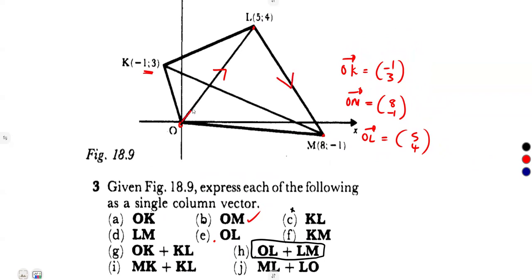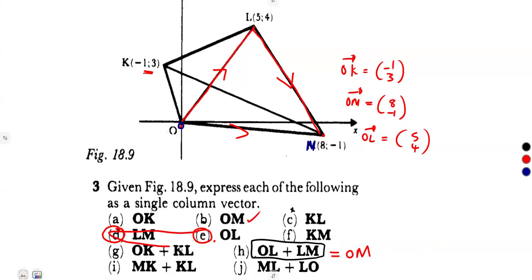If you add O to L, then L to M, are you seeing that it is the same as moving straight from the origin to the point M? So that's vector OM. So this simply represents vector OM, which you already have, and which you can also calculate, because you have the vector LM here and the vector OL.